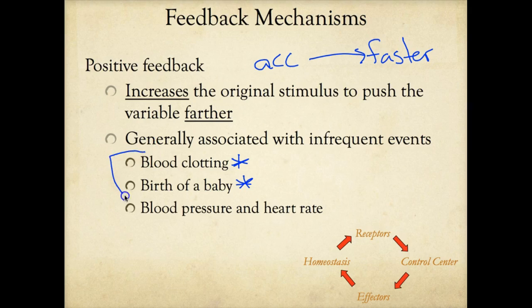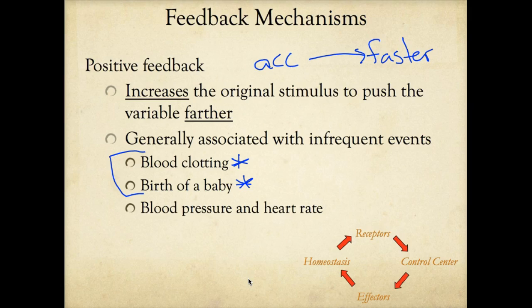So these are two big positives. The birth of a baby, think of it this way. You have contractions that are getting stronger and closer together because we need to get the baby out. At a certain point, the baby can't survive in the mother's womb because it's going to starve to death. It can no longer get enough nutrients to live. So that's why birth has to occur.